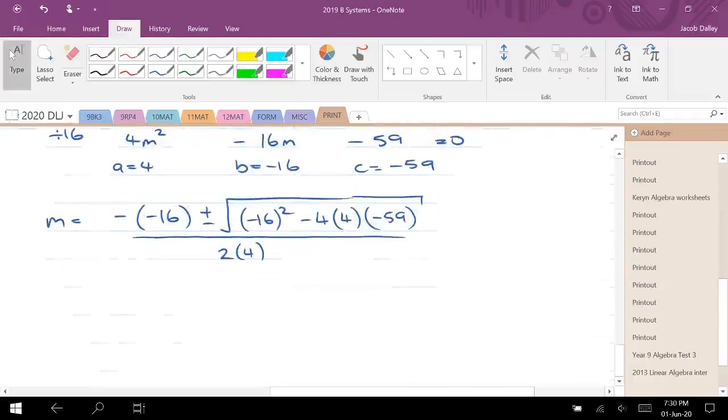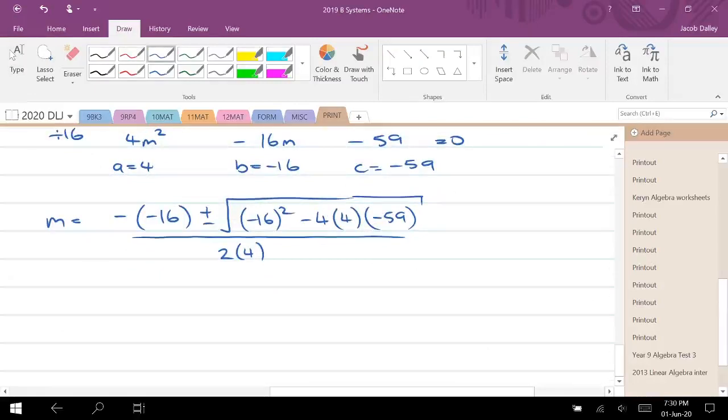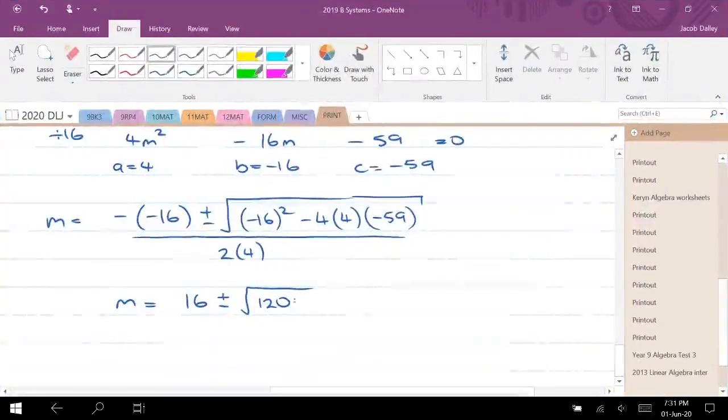So before I put this into my calculator, I like to do a little bit of simplification. So there's 2 negatives there, so I'll get rid of that. I'm going to evaluate everything under the bracket, and I'm going to evaluate this 2 times 4. So when I substitute into my calculator, I set it up like this: 16 plus or minus the square root of 1200 divided by 8.